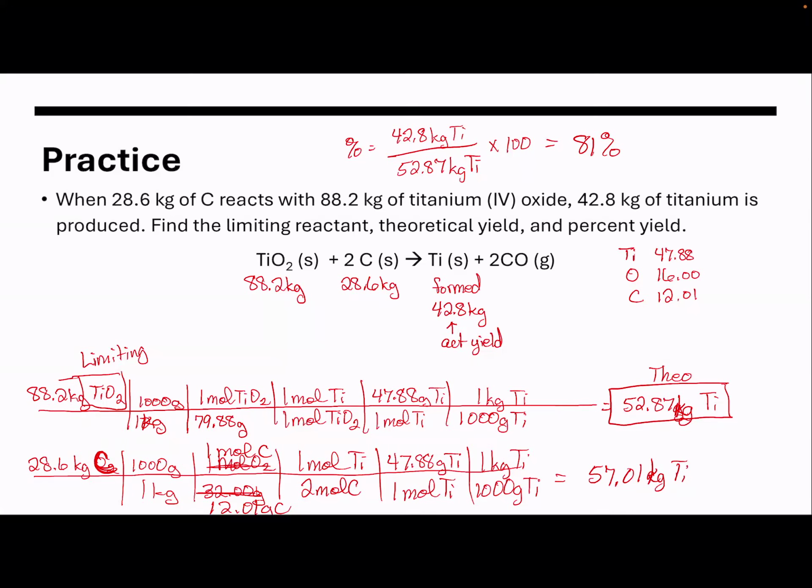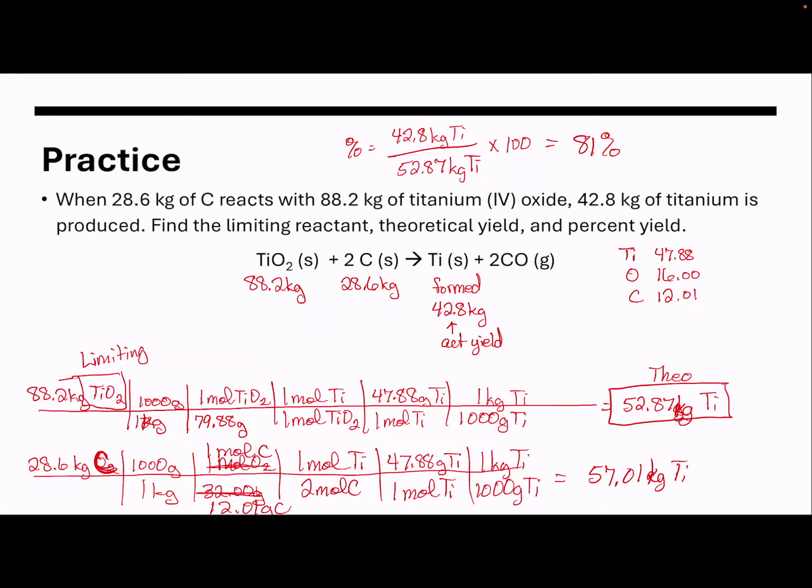But again, this is a limiting reactant problem. You have to convert both reactants into the actual product. So I also converted the carbon into titanium, and I got 57.01 kilograms of titanium. I looked at which one was the smallest, and it was the 52.87 kilograms of titanium.